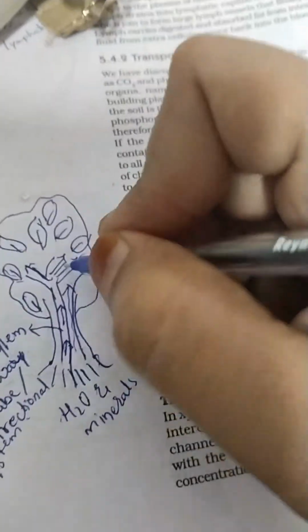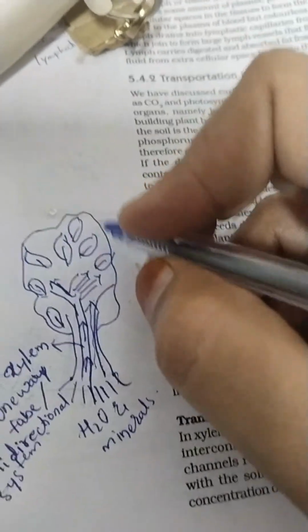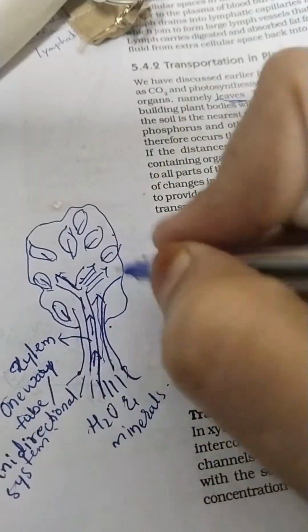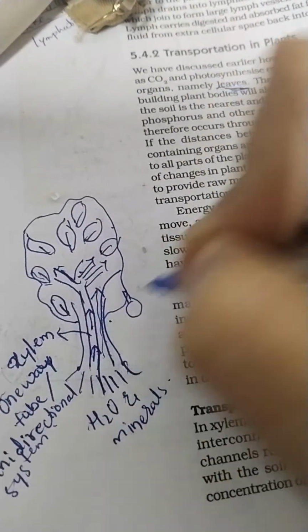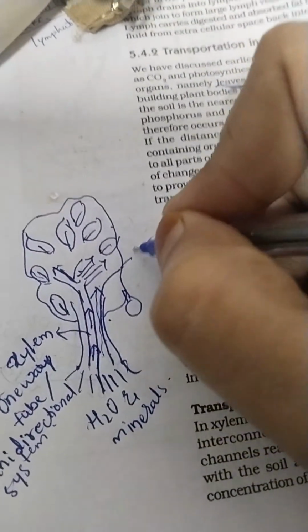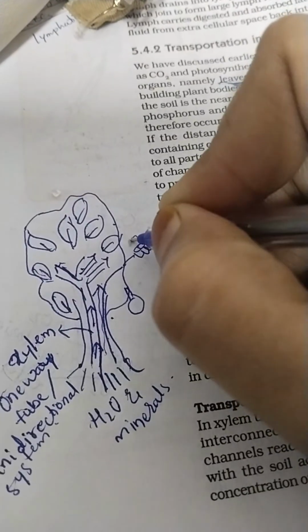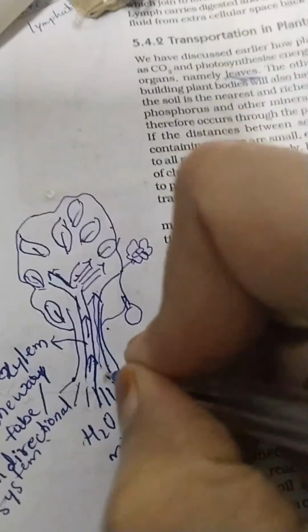Why means once they have gone to leaves, after that they are coming back to other branches or the fruits or the flowers, whatever it may be, and as well as the roots too.